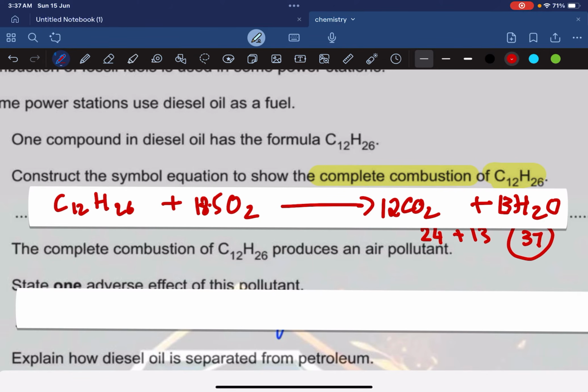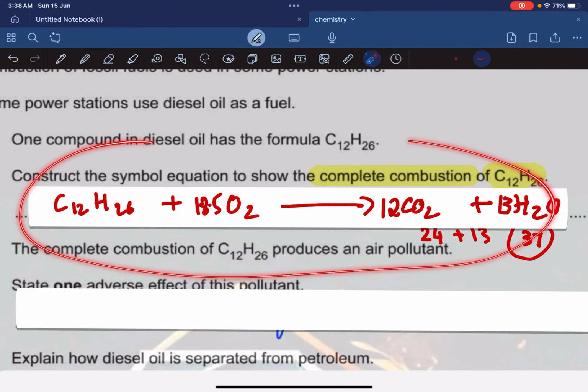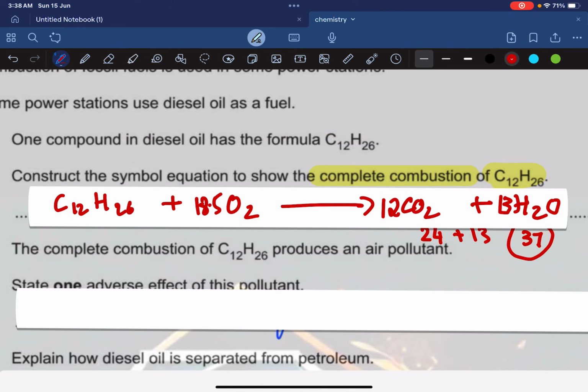Because I cannot write this number 18.5, what I'm going to do is multiply this entire equation by 2. When I multiply the entire equation by 2, I'm going to get a 2 over here, a 37 over here, because I'm going to get a 24 over here and a 26 over here. So that's going to be the complete balanced equation. I hope you get it.